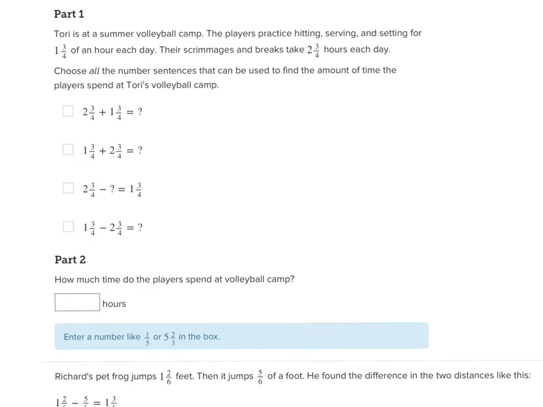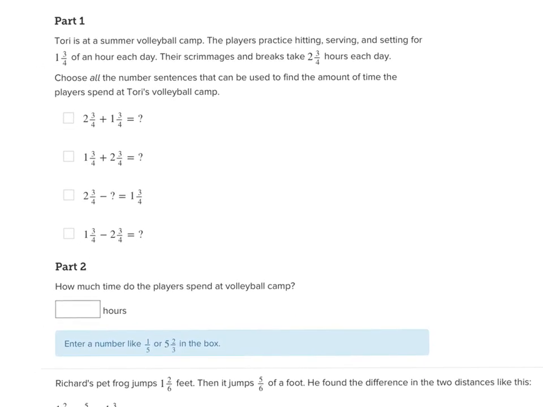So there weren't really any words that gave us a clue, but just by reading the problem, I understand that they're going to do 1 hour and 3/4 of something and then 2 hours and 3/4 of something else, so they're going to add those together. So it's going to be 1 3/4 plus 2 3/4 equaling the total.